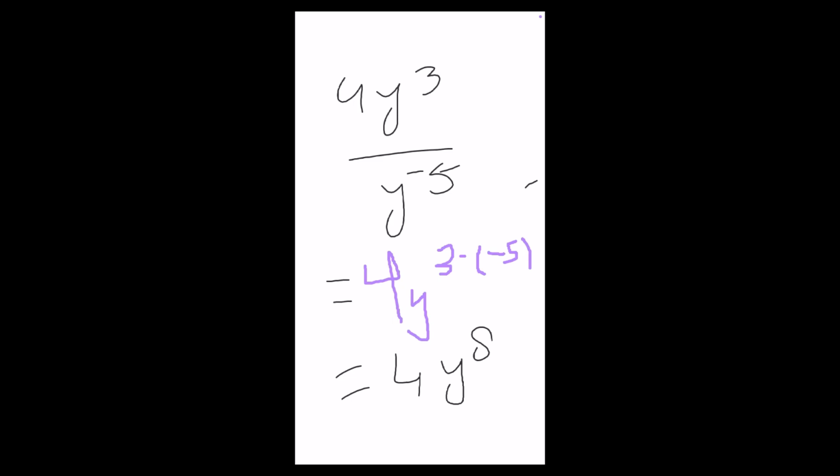Now, last but not the least, I am writing the third alternative, which can be 4y cube or 4y raised to the power 3, and again y raised to the power 5. It can be our quotient rule by multiplying as well. Getting my point?